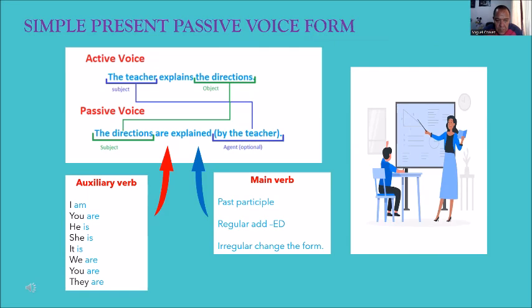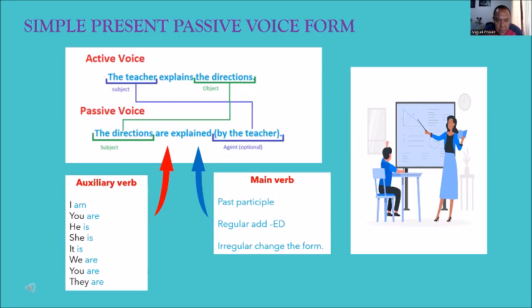Some points to consider when we are forming a simple present passive voice sentence are: subject. The subject is the receiver of the action in the passive voice. Auxiliary verb. The auxiliary verb to be is used in the simple present tense to indicate that the sentence is in the passive voice.